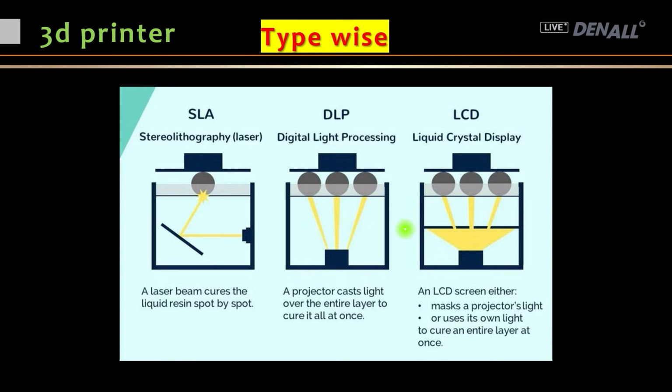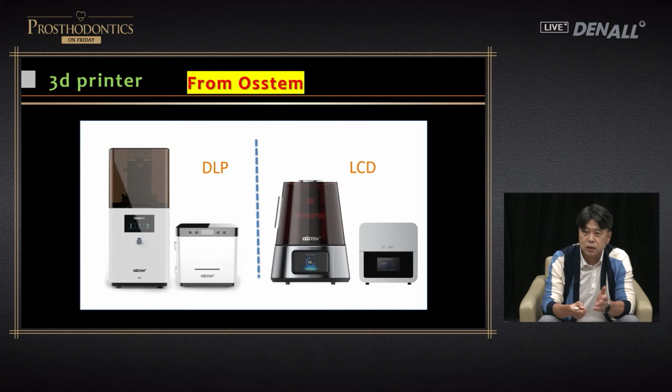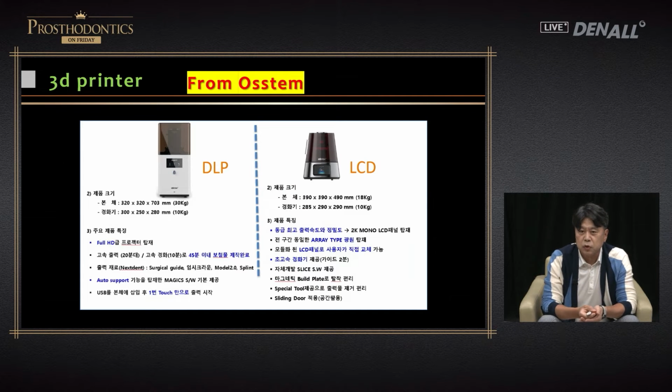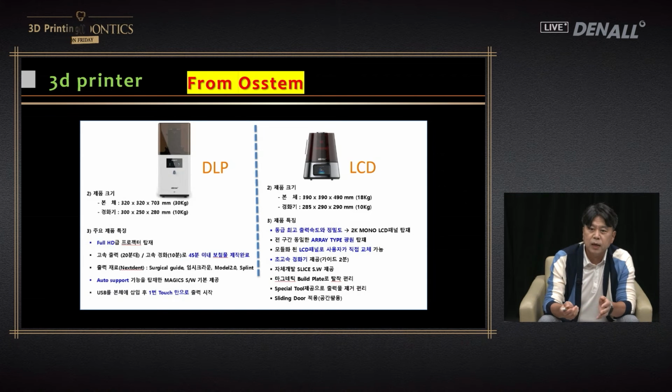It is decided at the liquid crystal, which determines which portion of the light would be passing through. Lately, the LCD type is adopted widely. These two are the 3D printers from Osstem. LCD type is on the right. They have merits and demerits, and it's difficult to talk about them in detail. You may refer to this later after capturing it.